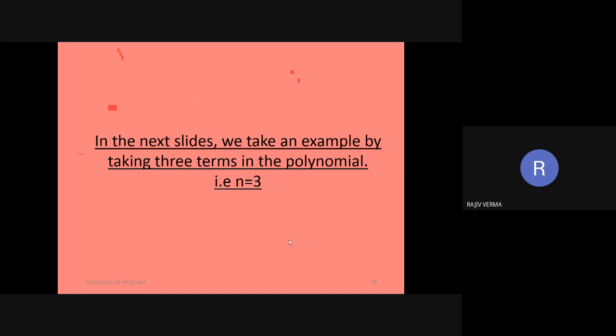The value of n is 3 because we are taking three terms in the polynomial. If n is 3, the polynomial is going to be given by a1 plus a2x plus a3x square. This is a quadratic equation because there is a term of x square over here, and the three terms a1, a2 and a3 are the unknowns.